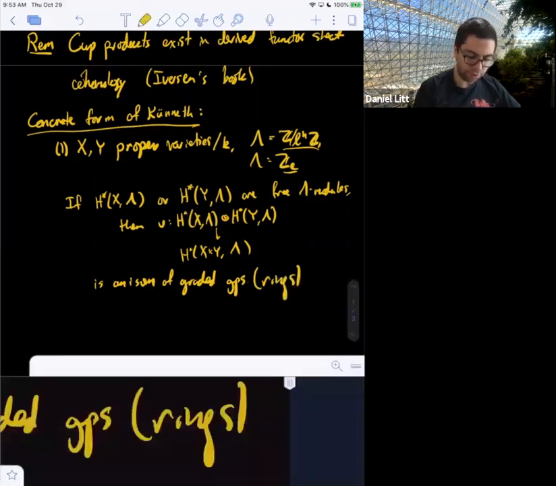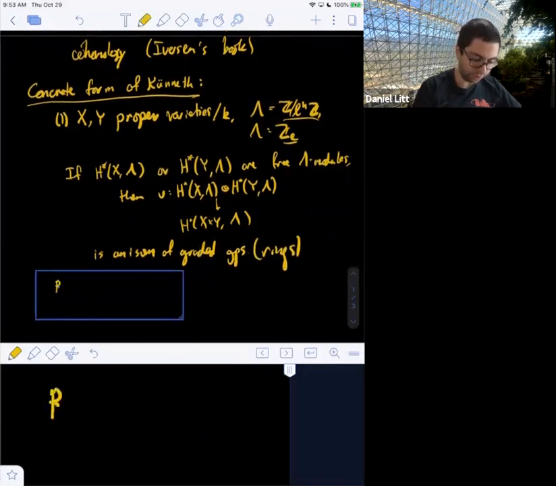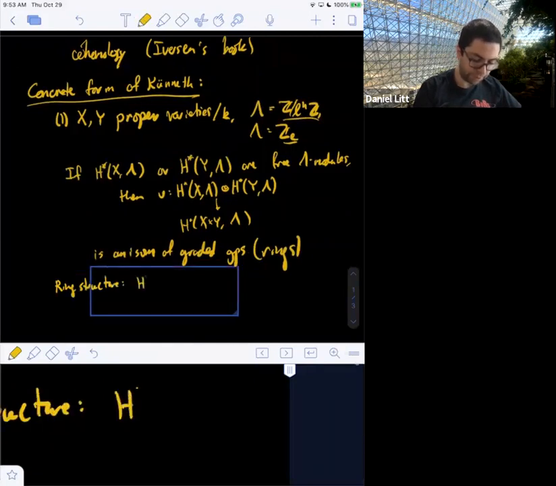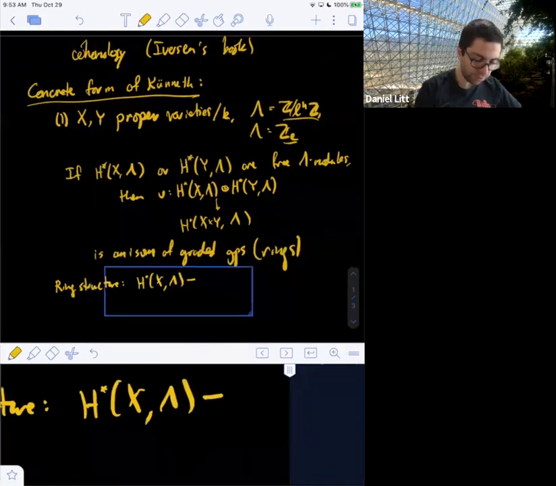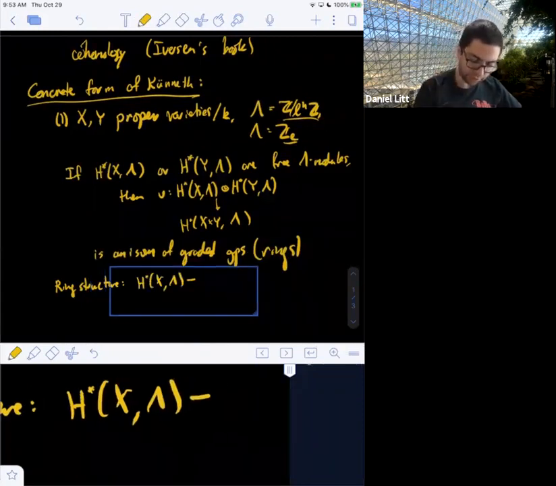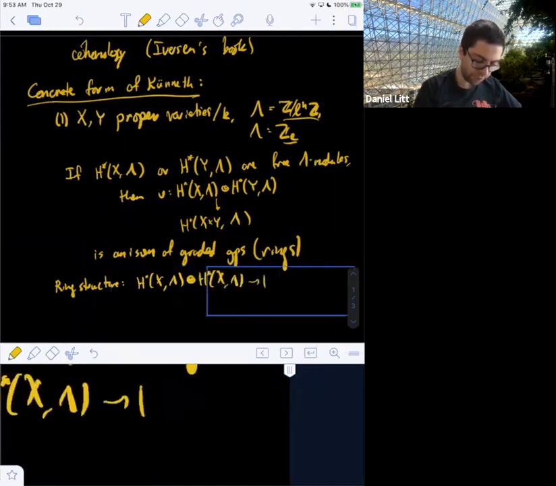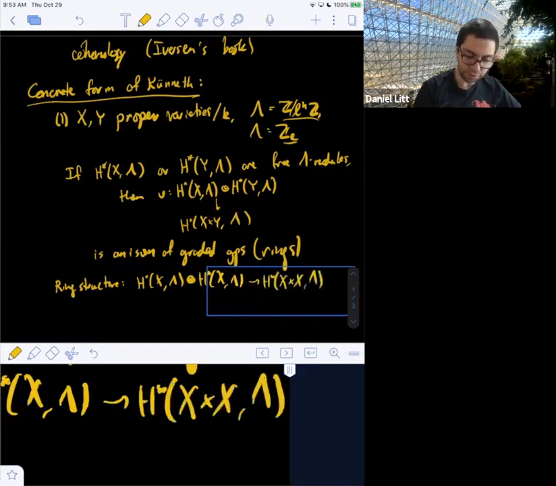So what is the ring structure here, since we can define it? Well, there's a map H star of X lambda tensor itself to H star of X times X lambda, right?